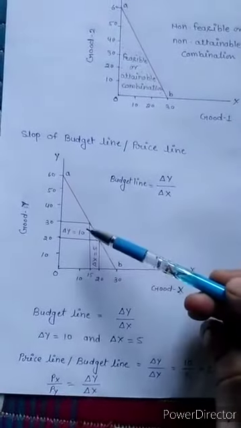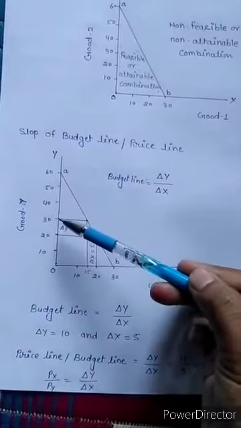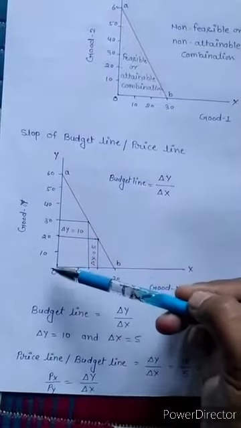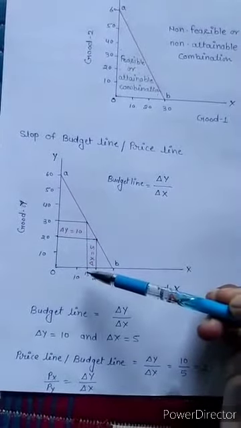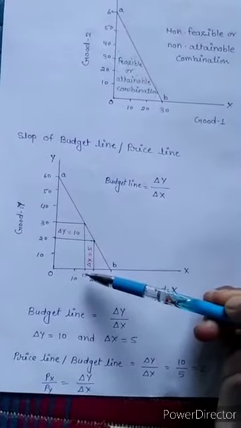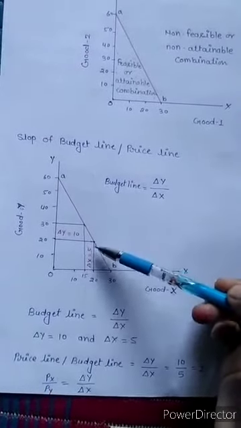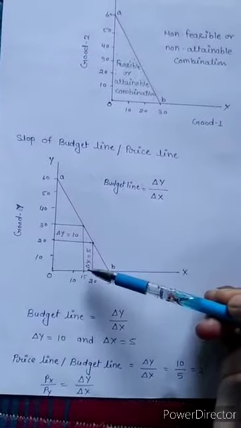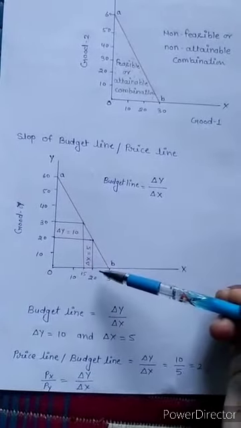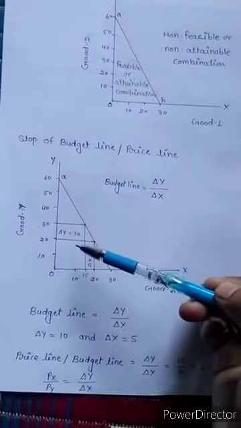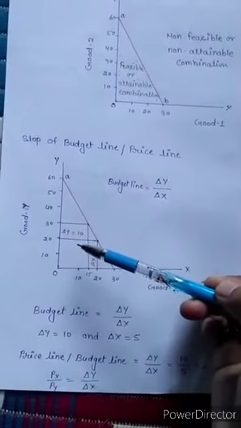Here the consumer purchased 30 units of Y commodity, then he purchased 15 units of X commodity, and if he purchased some excess units of X commodity, then he sacrificed some units of Y commodity.